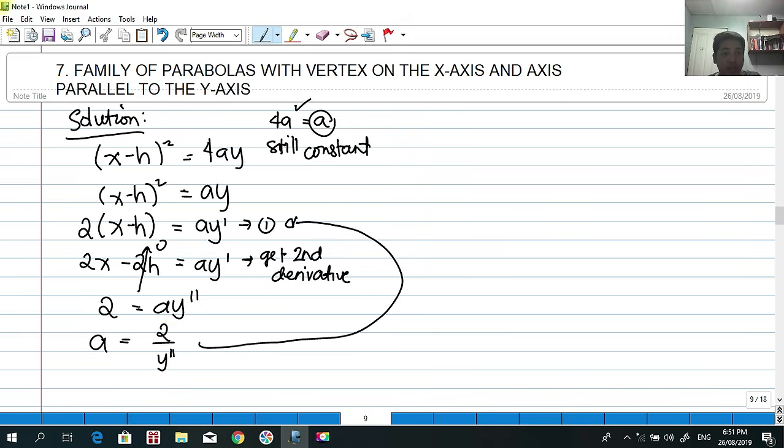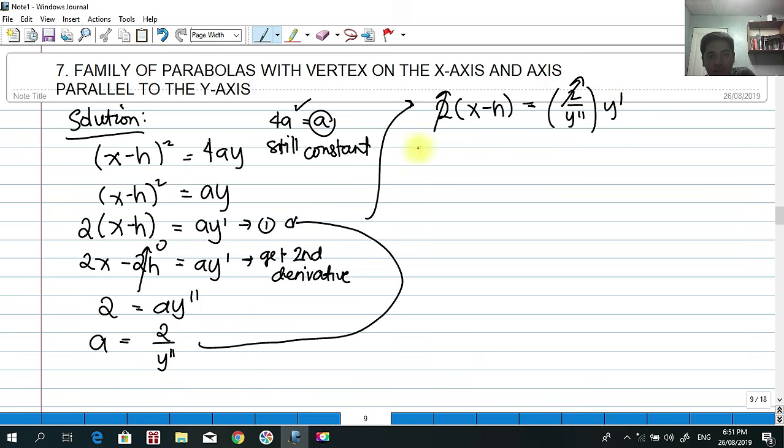Continuing here, we have 2 times (x minus h) is equal to 2 over y double prime multiplied by y prime. As you can see, these 2's will cancel, so we have x minus h is equal to y prime over y double prime.